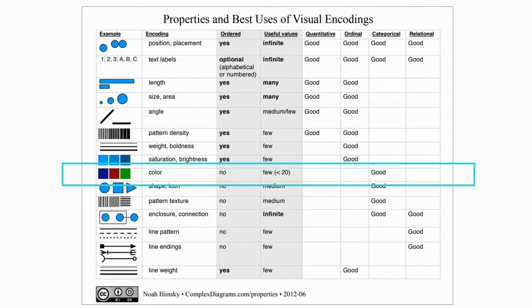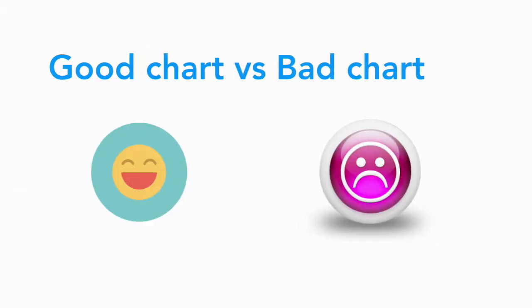Color can be a good way to represent categorical data, but only when there are few categories. So there's a lot to consider when deciding how to encode your data visualization with visual variables. All of this is important to keep in mind because not all charts are created equally. Understanding how our eyes and brains perceive visual variables is key for effectively communicating through data visualizations.